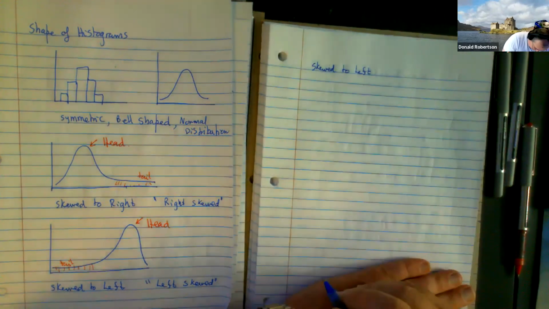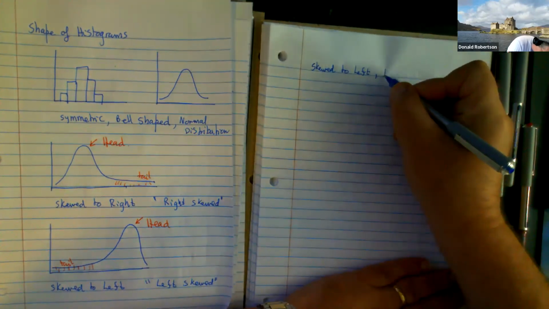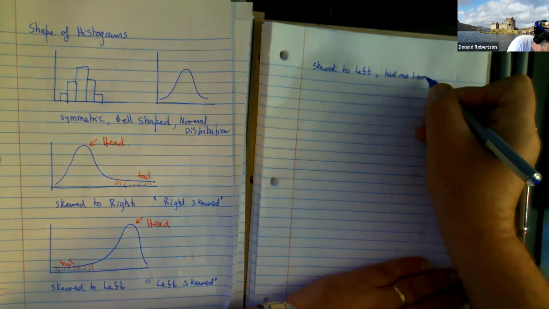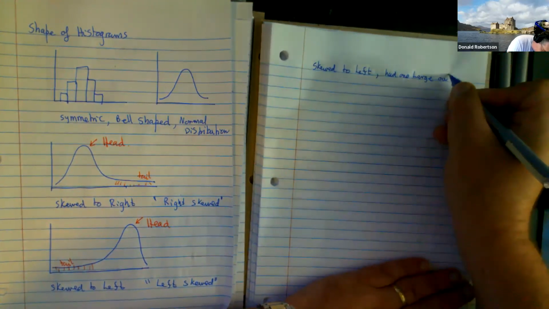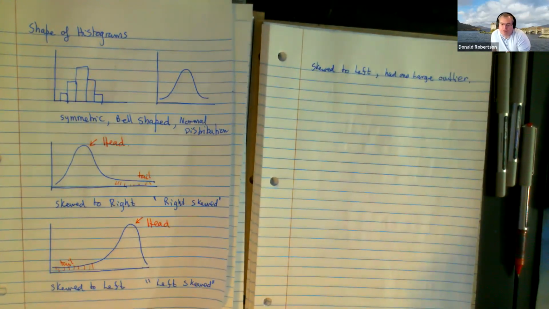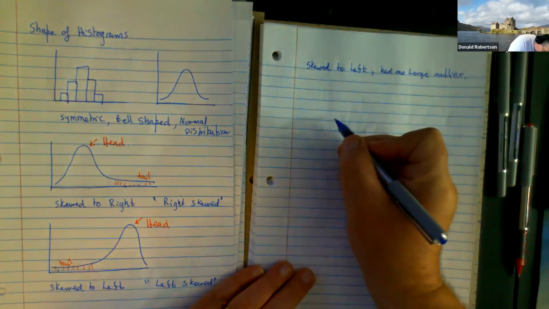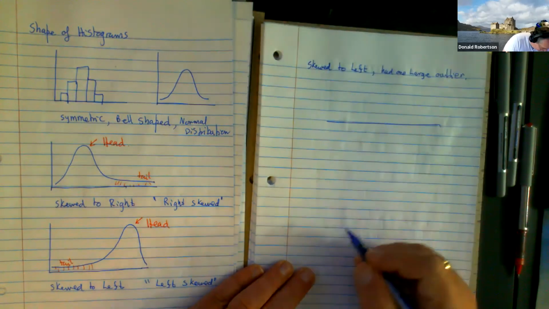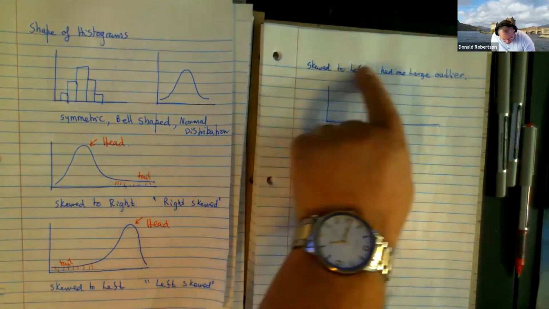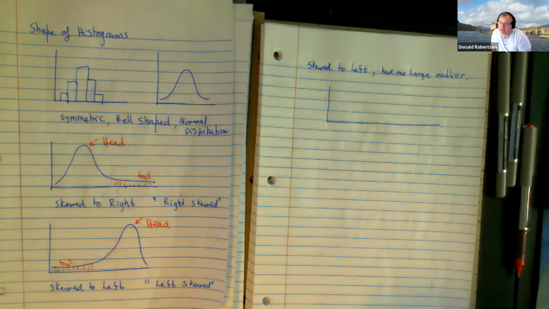Now, suppose I said to you that I had some data that was skewed to the left and it had one large outlier. So I've only told you what it looks like by using the jargon of today. If you were trying to sketch what that might look like, there is actually enough information here to get a rough guide.